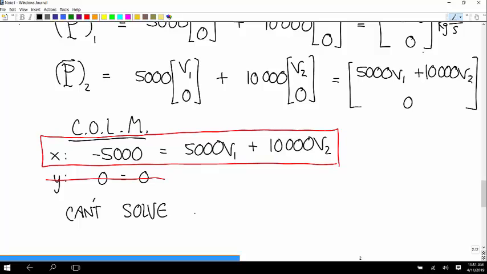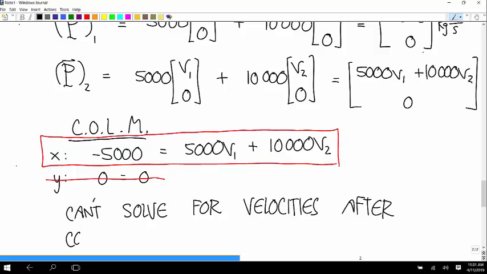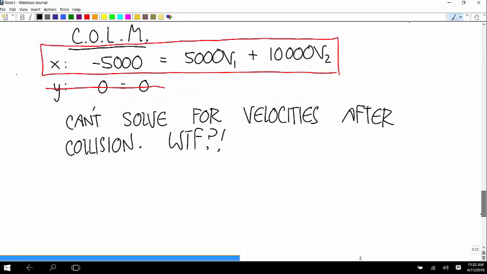We can't solve for the velocities after the collision, although we do have some information there. So what's the deal with that?